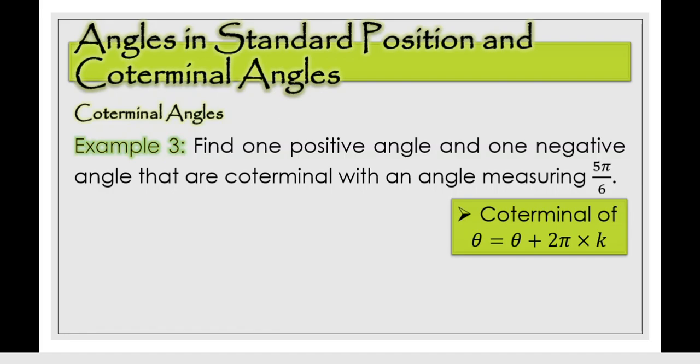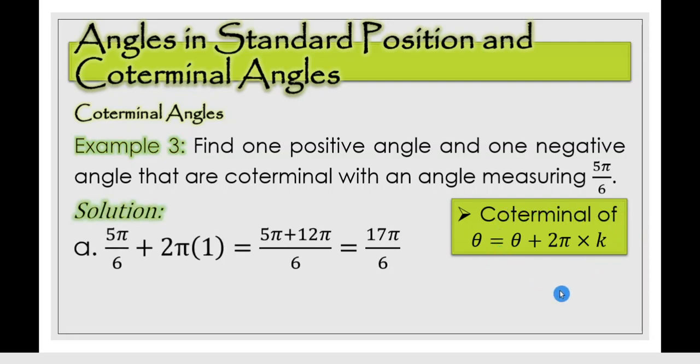Example number 3. Find one positive angle and one negative angle that are coterminal with an angle measuring 5 pi over 6. So, ito na yung gagamitin nating guide or formula. So, here's the solution. 5 pi over 6, yung ating given angle, plus 2 pi times 1.